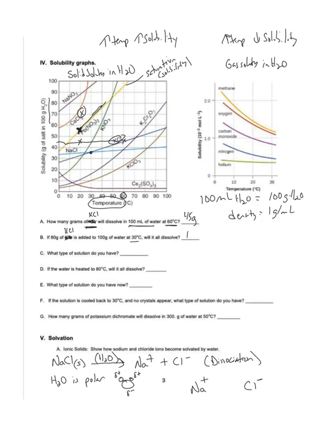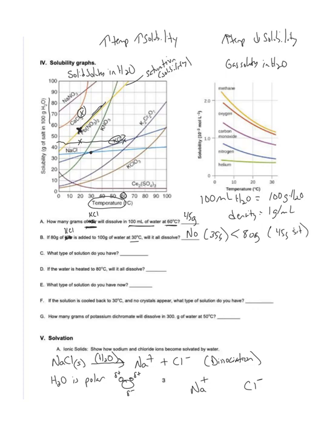Will all of it dissolve? No, it will not all dissolve because the water at 30 degrees can only hold about 35 grams. 80 grams is much bigger, so of that 80 grams, only 35 will dissolve, which means if I subtract, about 45 grams will sit at the bottom of the beaker. It will not be dissolved.